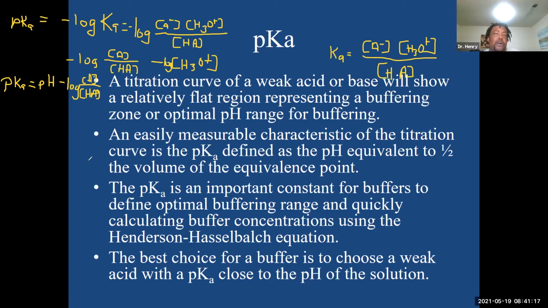Here, all you have to do is plug in the concentration of your conjugate base, which was the lactate, 0.115 molar, divided by the concentration of the acid, which was 0.5 molar in the last problem.